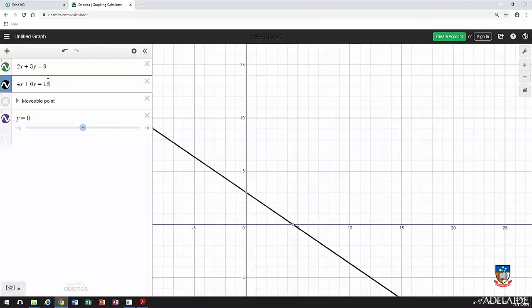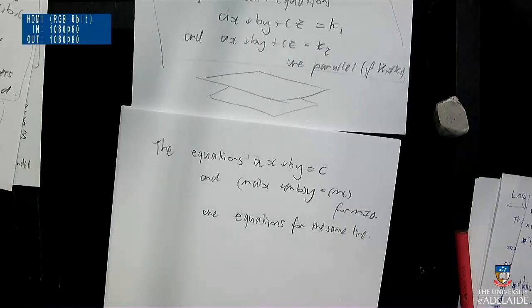So the equations ax plus by equals c and max plus mby equals mc, for m not being 0, are equations of the same line.